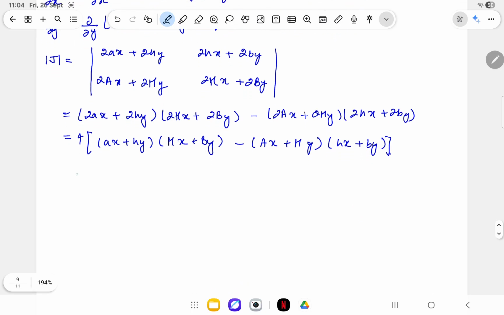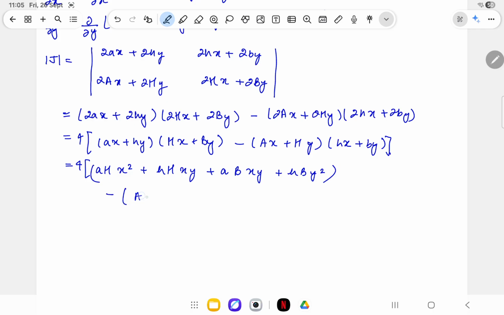So if you just multiply these, you'll get a capital H x square plus h capital H xy plus a capital B xy plus h capital B y square, and minus capital A h x square plus capital H h xy plus capital A b xy plus capital H b y square.